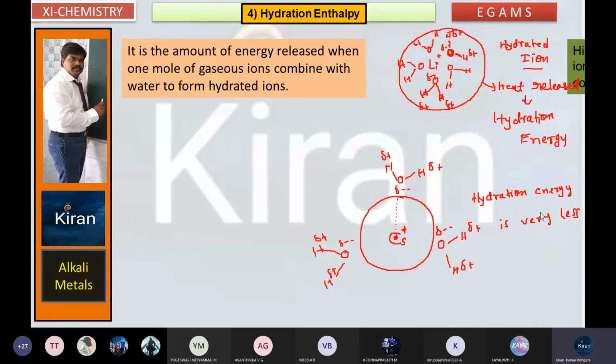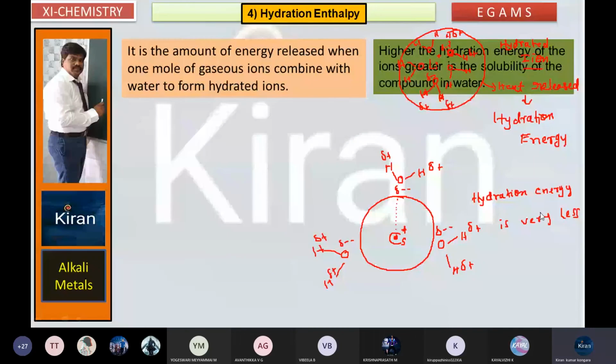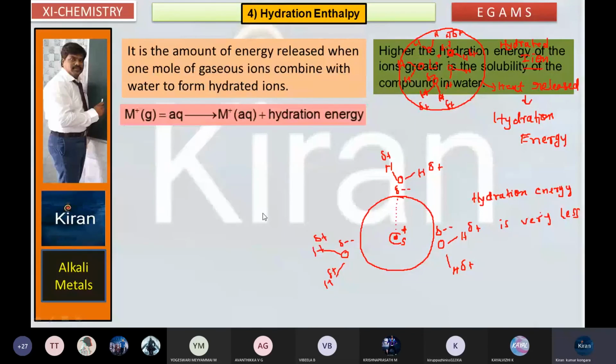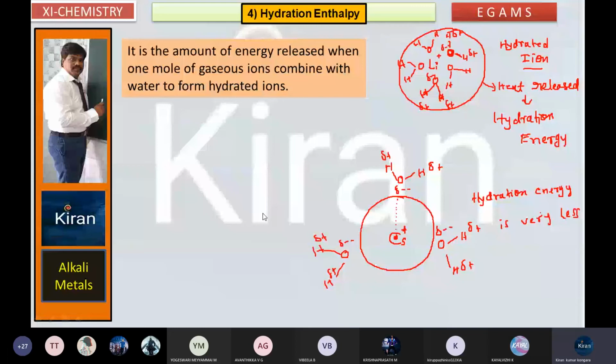See, the higher the hydration energy of ions, the greater is the solubility of the compound in water. Whichever element has higher hydration energy, that element can dissolve in water easily.